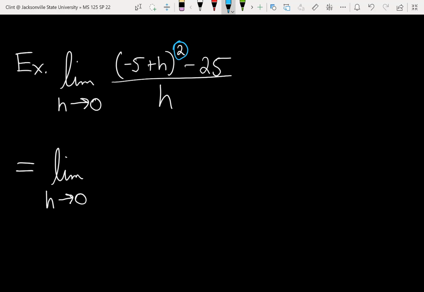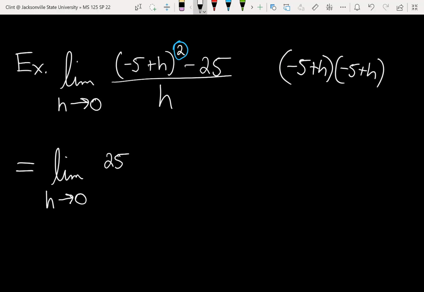Squared here. You can multiply that out. That's doing it the long way: negative 5 plus h times negative 5 plus h, FOIL method. You can shortcut the FOIL method here. Negative 5 squared is 25. And you know the shortcut for squaring a binomial? It'll be helpful.